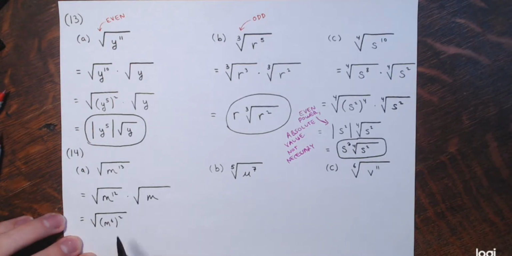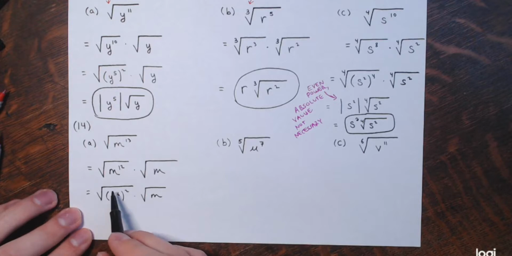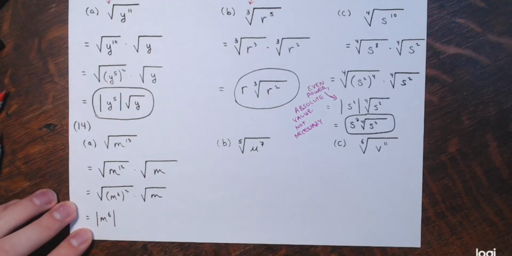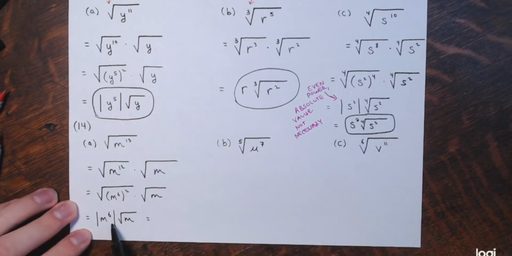Now I have a square root of a square times the square root of m. And the square root of a square, they undo each other. This is the absolute value of m to the 6th. Remember, even roots, you should be doing that. Absolute value times the square root of m. But wait a minute, just like in the earlier question, I don't need absolute value symbols around m to the 6th, right?